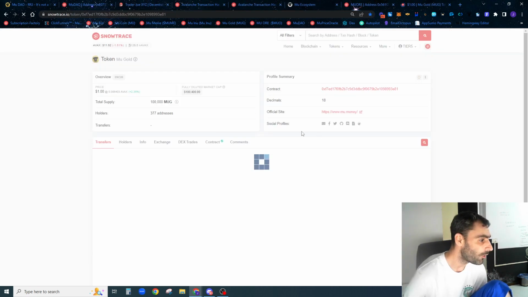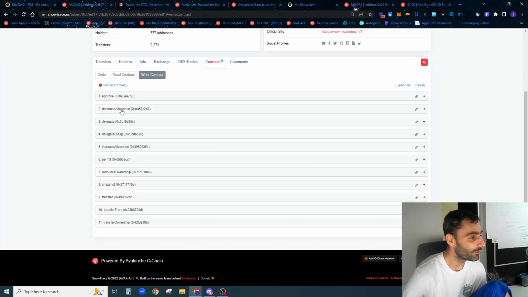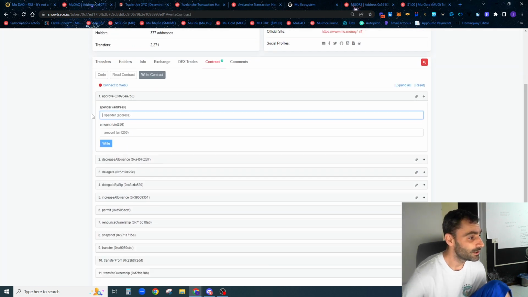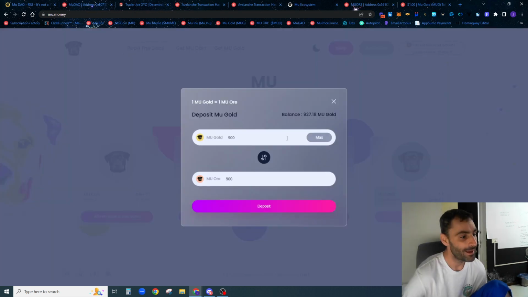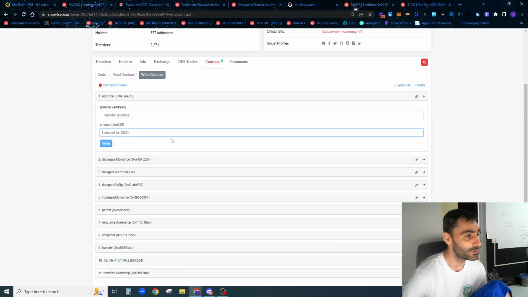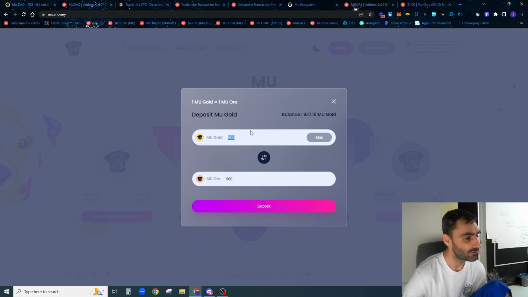If you look at the Mu gold contract, there is an approve function, and this approve function takes a spender, an address, and an amount. Whenever you first hit approve, you have called a function on this Mu gold contract, and you have given it the Mu ore address and whatever value we put in here.